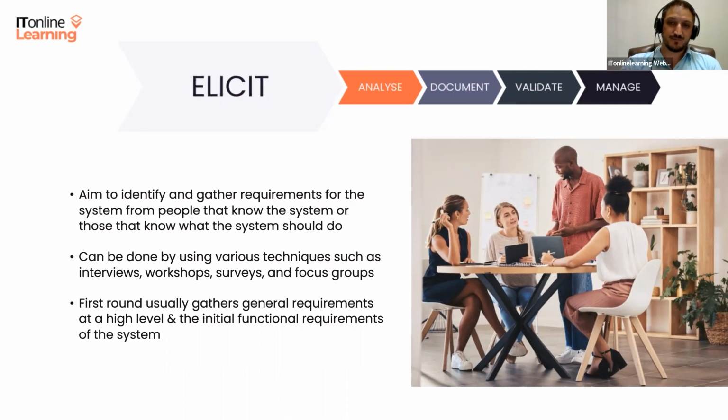So what we need to do is first identify the requirements for the system and gather them, and then ultimately get to a point where we can document these requirements. But this is what takes place through the other stages of the requirements engineering framework.